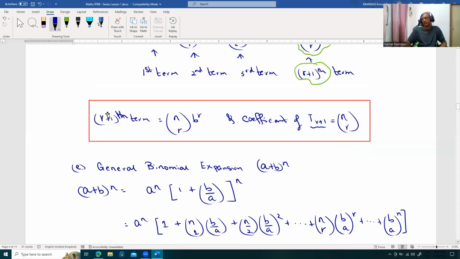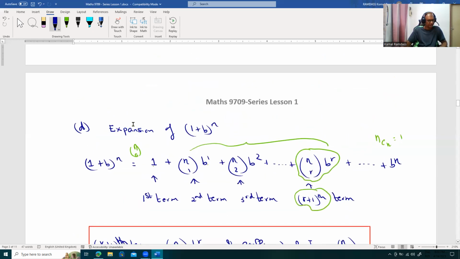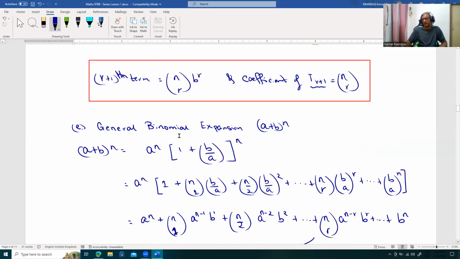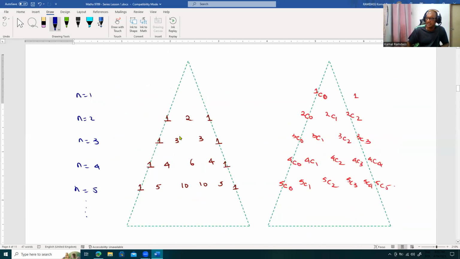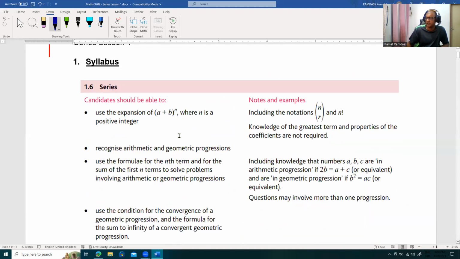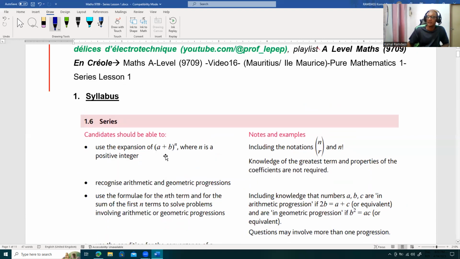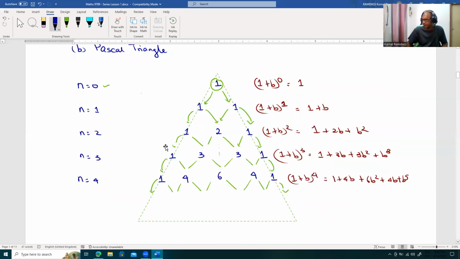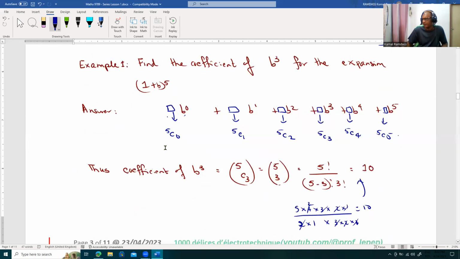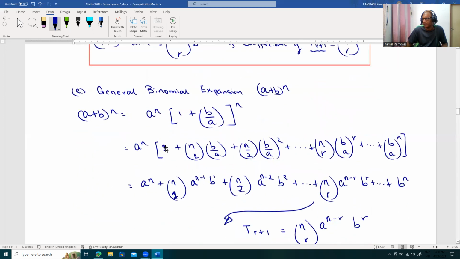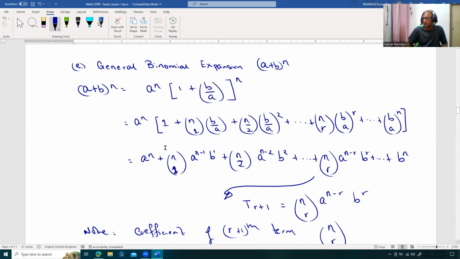Bon, maintenant, nous faisons expansion of 1 plus b to the power of n, et à ce là, nous allons vers a plus b to the power of n. Parce que dans le syllabus, il n'y a pas de mention 1 plus b to the power of n. Il mentionne a plus b to the power of n. Et là, moi, allez, moi, faire ça.